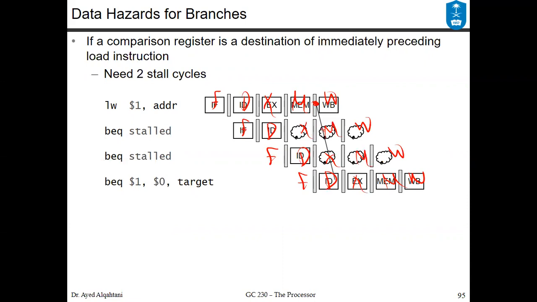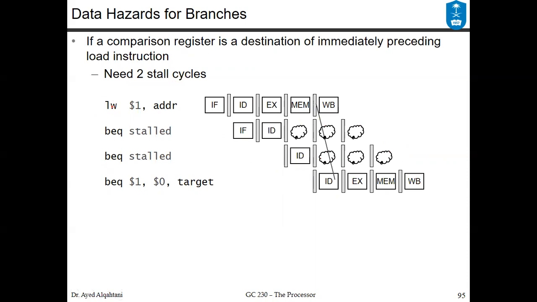You can't supply it here, this is memory, not decode. You also can't supply it here, this is execute. You can only supply it to the decode right here, which means this one and this one should be bubbles. So you stall the branch 2 times if the directly preceding instruction is a load instruction.